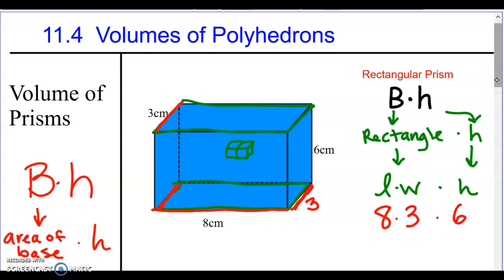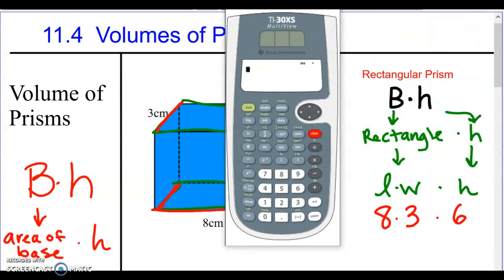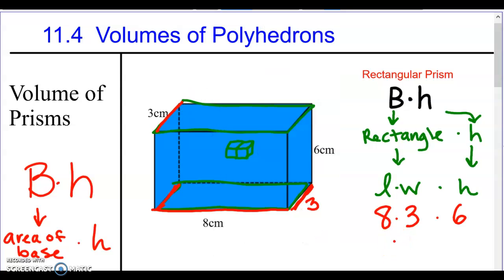So now we just type in 8 times 3 times 6 on our calculator. And our answer then is 144 cubic centimeters. So we could fit 144 of these little cubes inside of this rectangular prism.